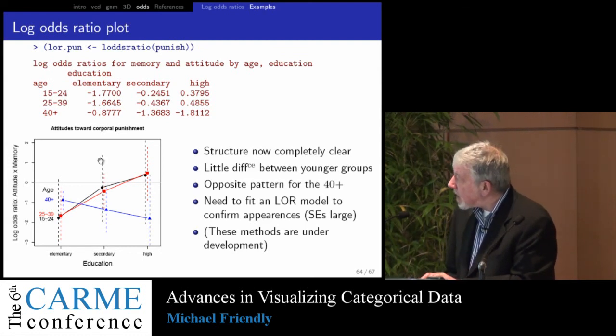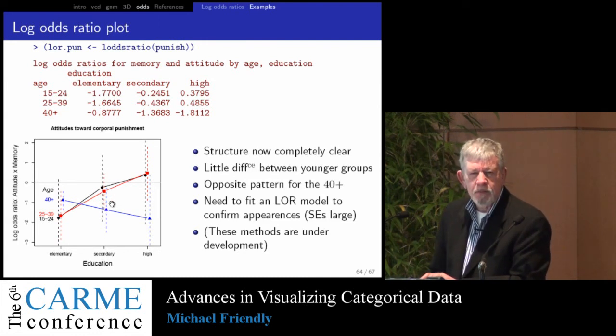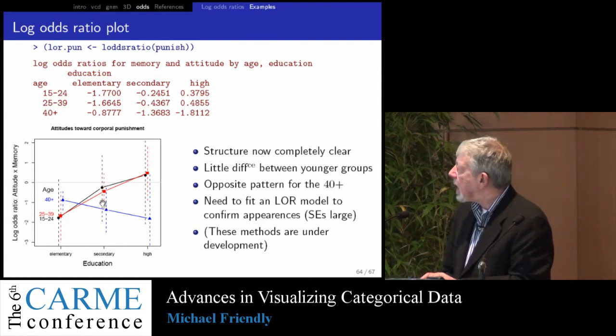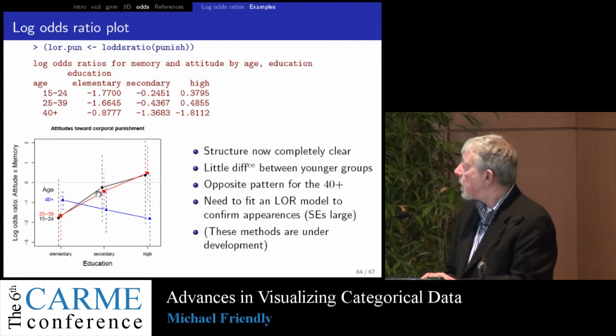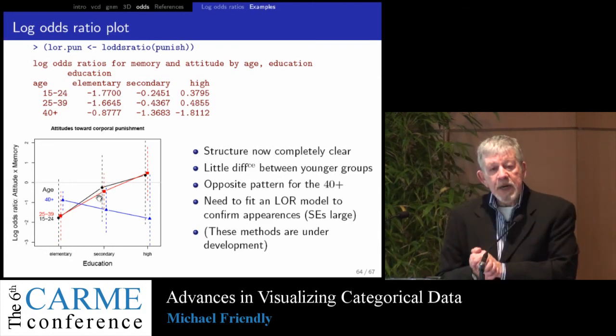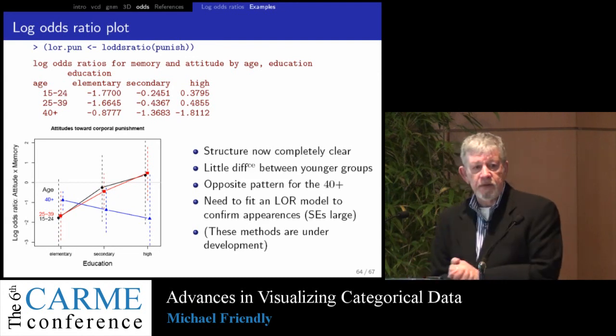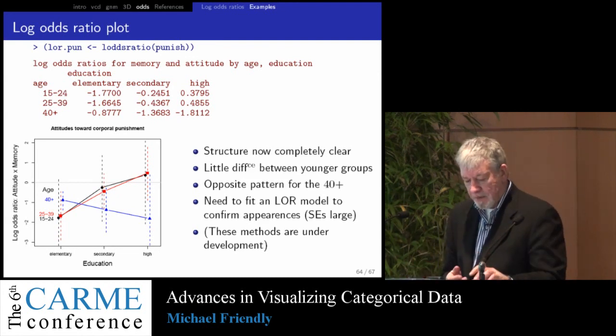Now, the standard errors show that maybe that's not a really strong claim because there's a lot of slop here. And so we would actually need to fit an actual model and test it. But at any rate, this is a new direction now being developed in the vcdExtra package.